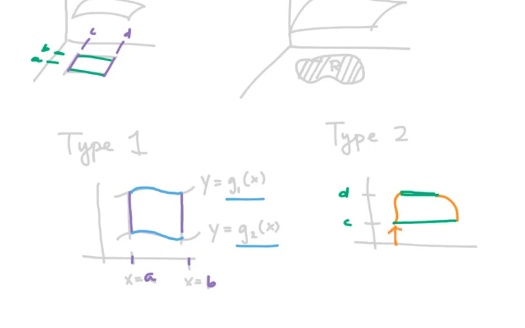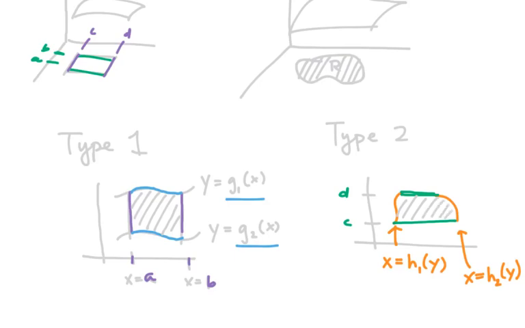Here I have a function x equals h sub 1 of y, it's hard to think about that backwards, and then some x equals h sub 2 of y. All right, so we've got some different kinds of regions, and that's going to change our bounds a little bit.